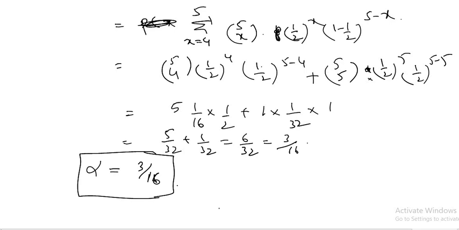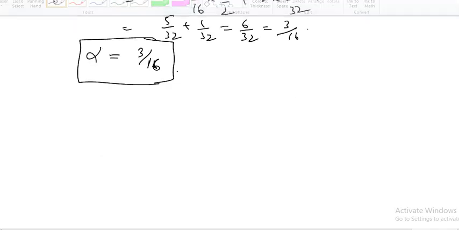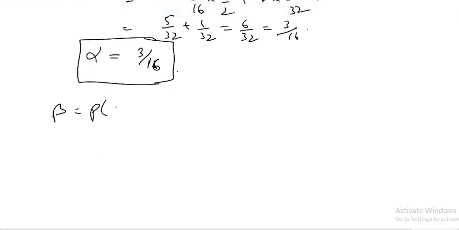Next is what? Type 2 error. Beta, the probability of type 2 error. Beta is what?